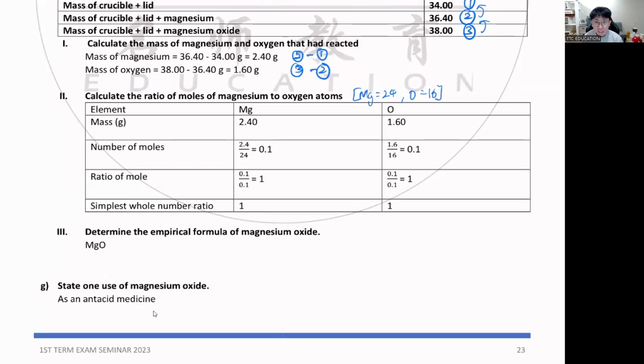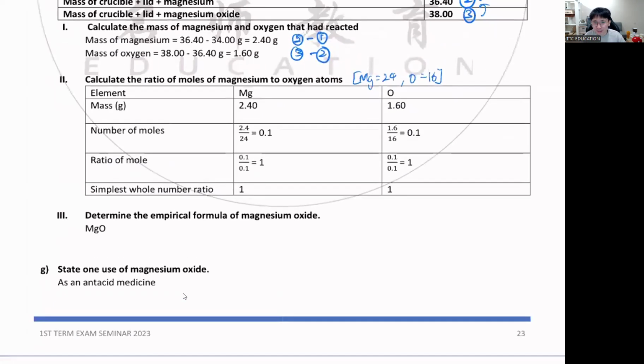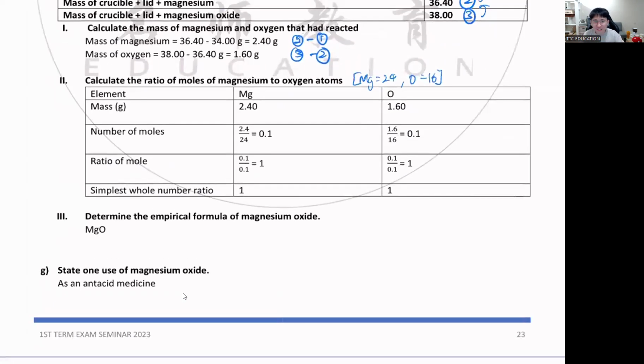If anyone here has gastric, you know Gaviscon. Gaviscon is the brand that sells medicine for gastric pain, and inside it has magnesium oxide. Because magnesium oxide is an alkali, it can neutralize your gastric juice.